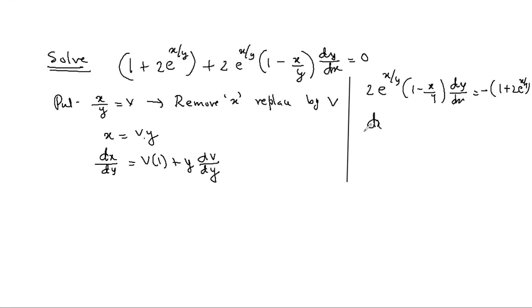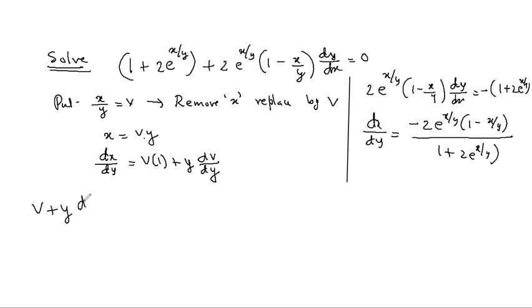So dx by dy will be, this will go to the other side and come to the denominator: minus 2 e raised to x upon y, 1 minus x upon y, divided by 1 plus 2 e raised to x upon y. Now I'll substitute this. dx by dy became v plus y dv by dy, equal to minus 2 e raised to v, 1 minus v, upon 1 plus 2 e raised to v.